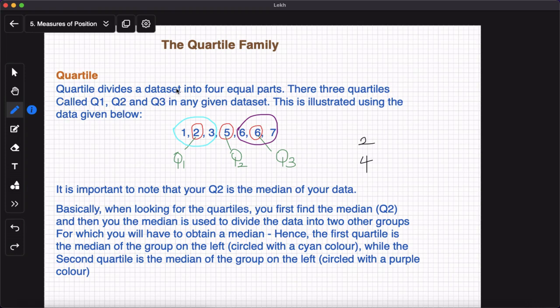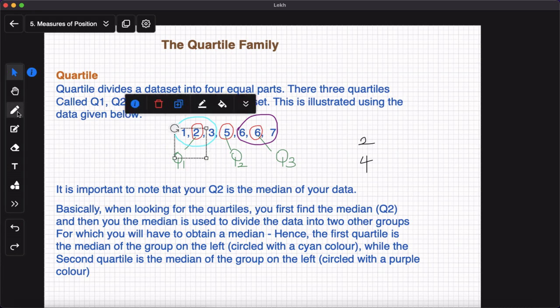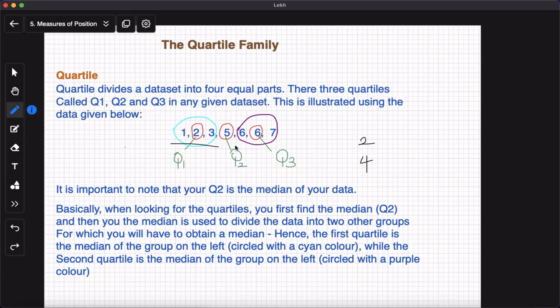Now, how do you get them from the data set? Your Q2, called the median, divides your data set into 2 equal parts: the first part and the second part.